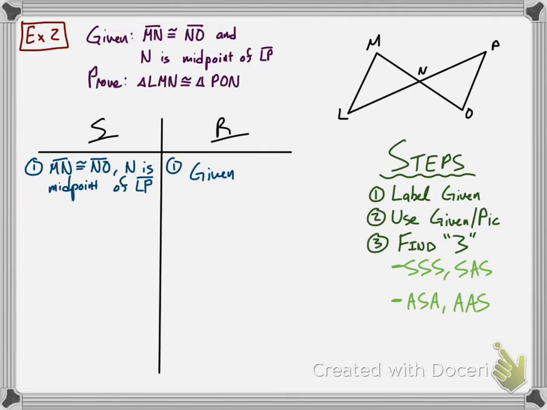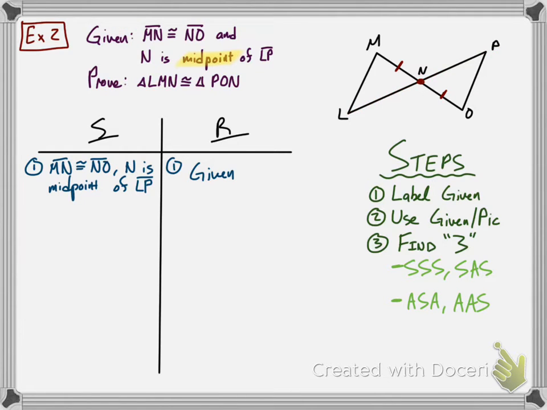So I'm going to make those marks. MN and NO are both going to receive 1 tick mark. And I see that we have the word midpoint. That is a term from chapter 1. And we know the midpoint divides a segment into 2 congruent parts. So we have N as our midpoint of this entire line, this segment.